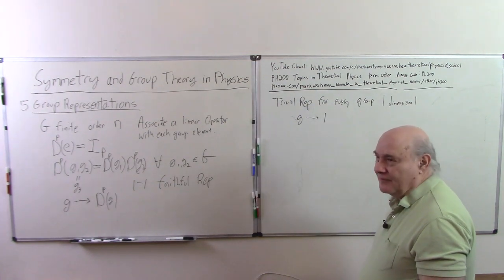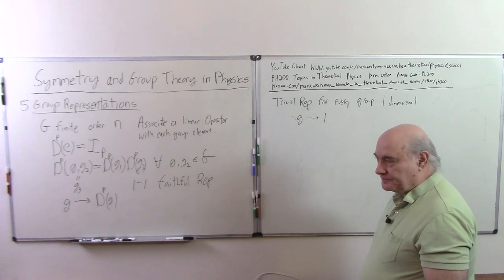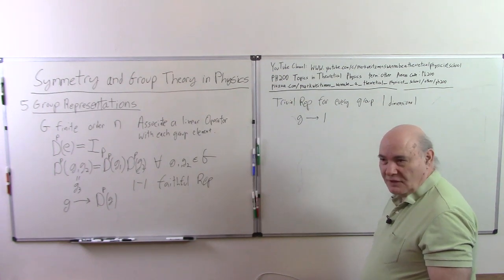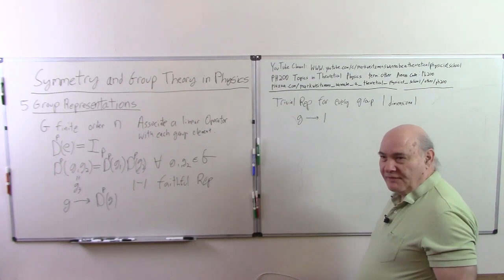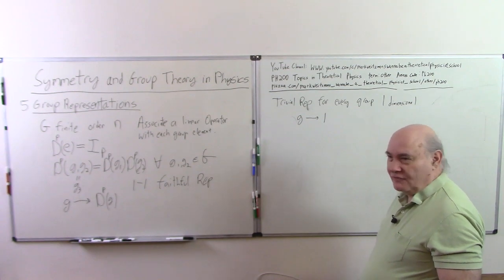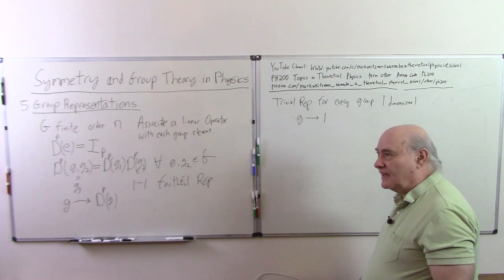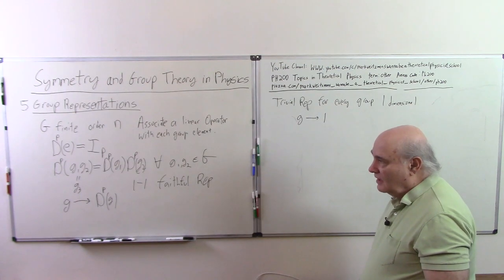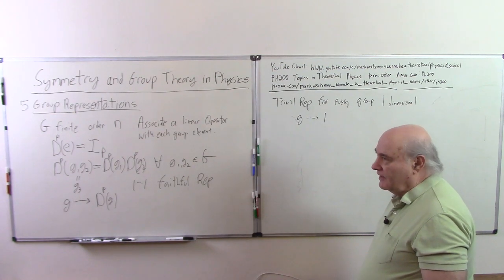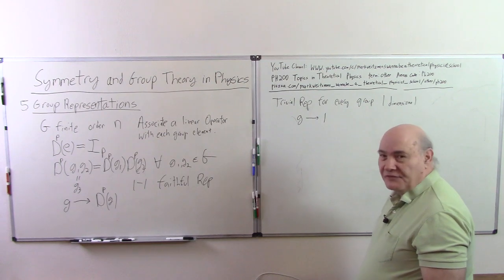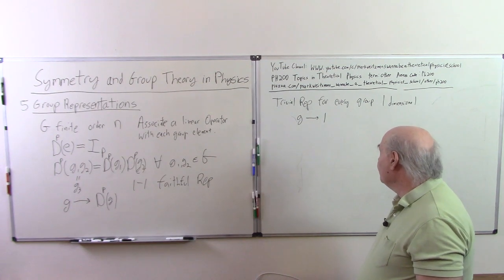This is an important representation because, first of all, for a lot of our theorems we're going to have to count representations, and this counts as one representation, so we can't leave it out. Also, sometimes this representation leads to the symmetric representation.